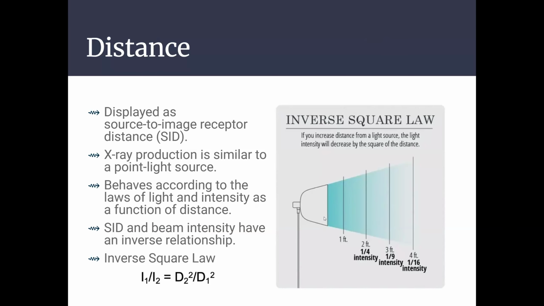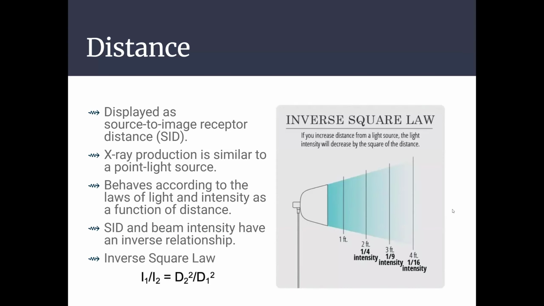And the intensity of the light will be less the further away the light is from the wall. Imagine a flashlight that is one foot from the wall versus one that is 20 feet from the wall. The further away the light source is to the object or the wall, the less the intensity of the light. So it behaves according to the laws of light and intensity as a function of distance.